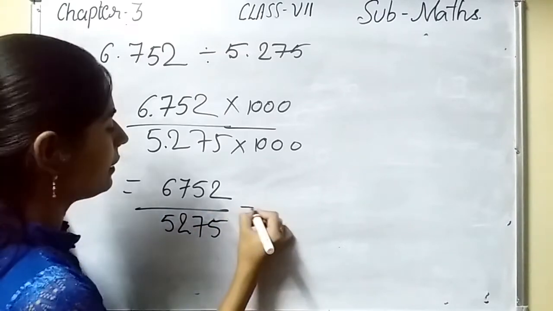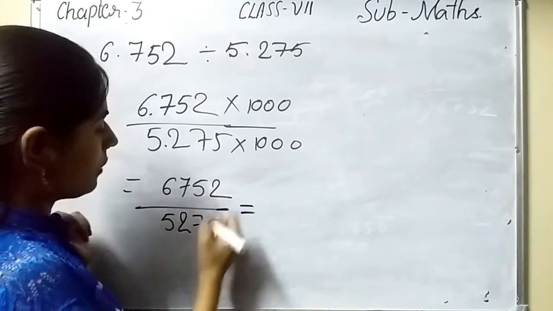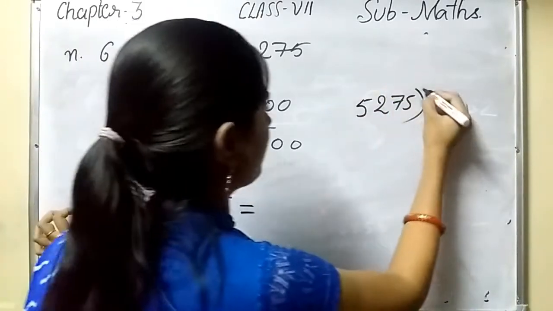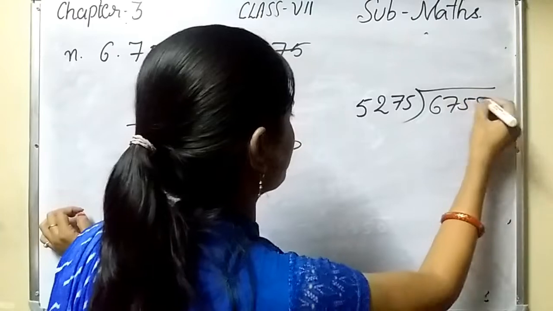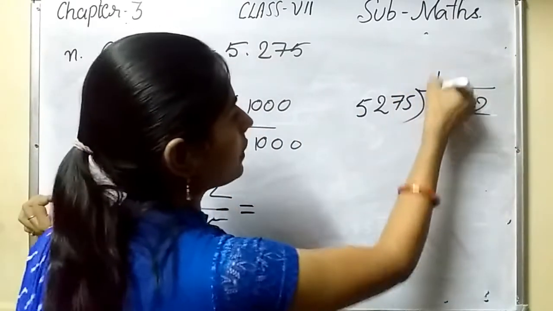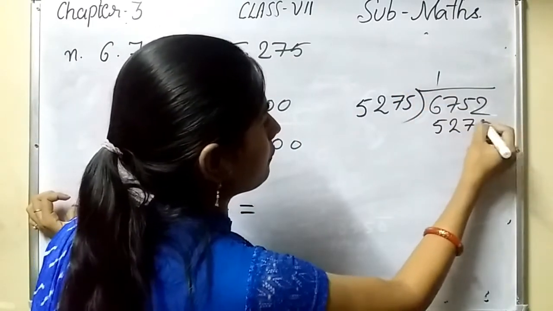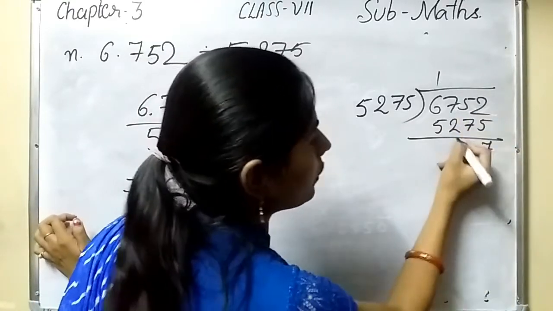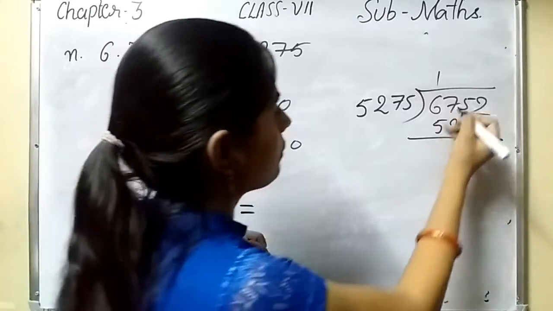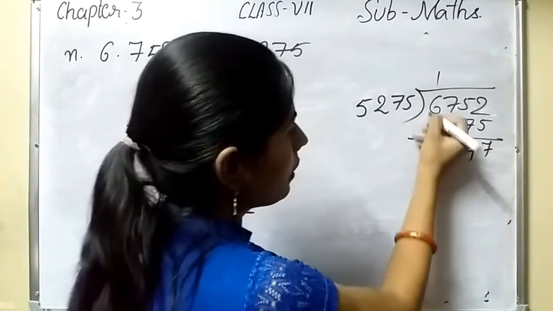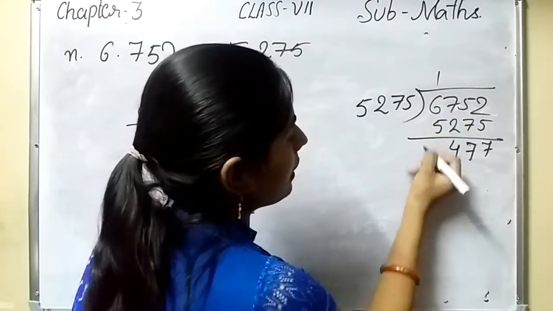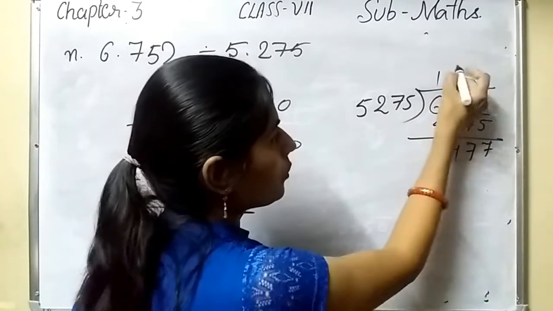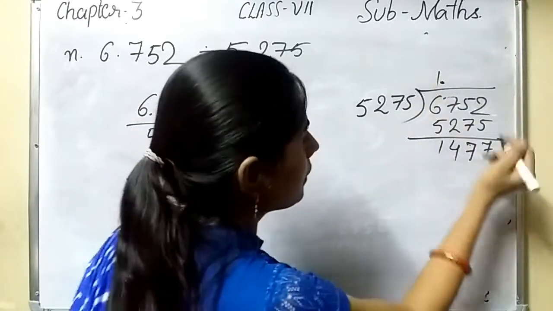Now we have to divide this. 5275 goes into 6752 one time. 6 minus 5 is 1, and so on. It is not coming in this table, so put the point and 0.